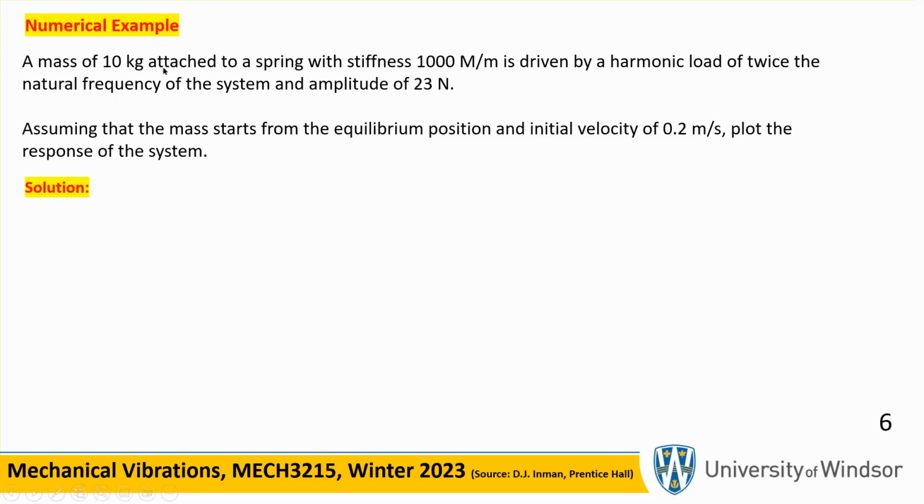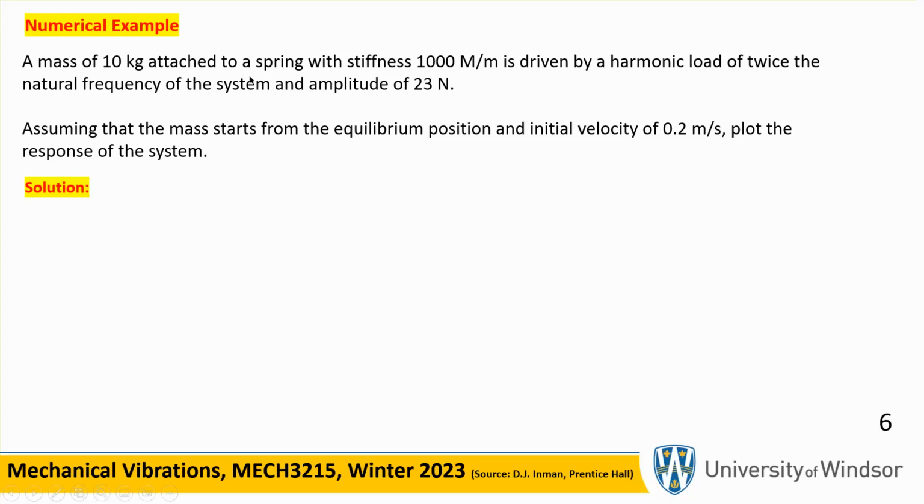All right, let's do an example. Suppose we have a 10 kilogram mass attached to a spring of stiffness k. So we have m and we have k. And it's driven by a harmonic load of twice the natural frequency. So the driving frequency, little omega, you're told is double the natural frequency that we can find in just a minute.